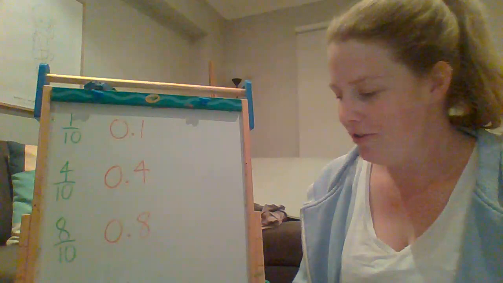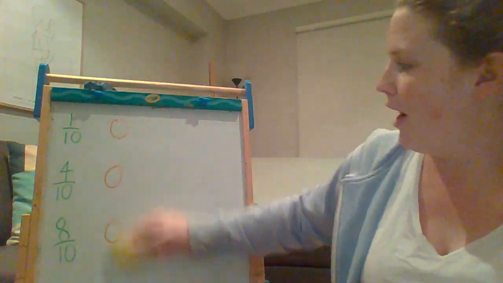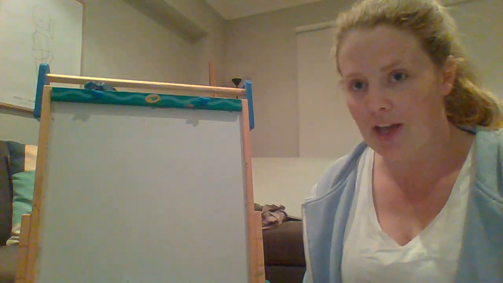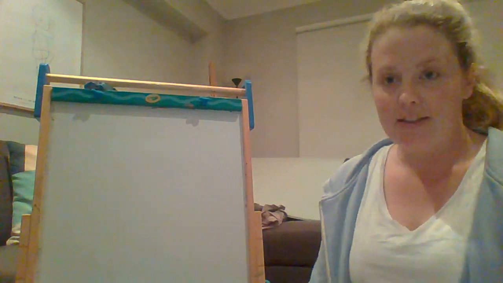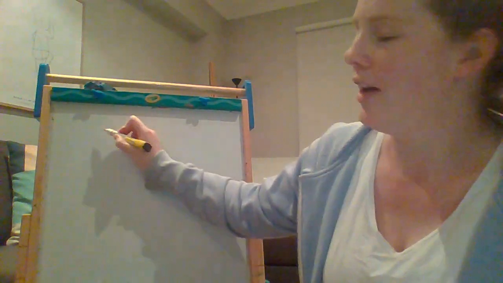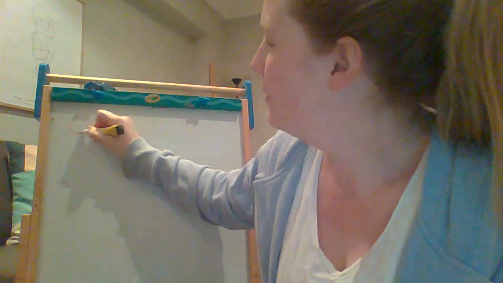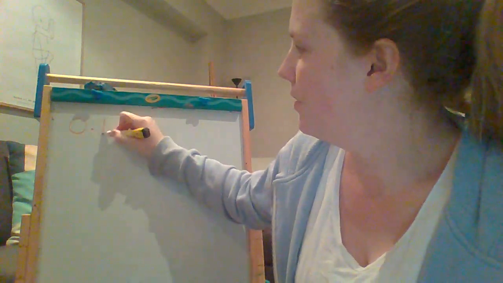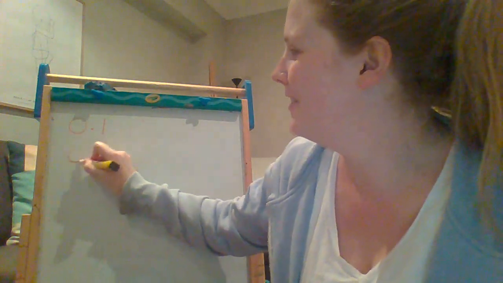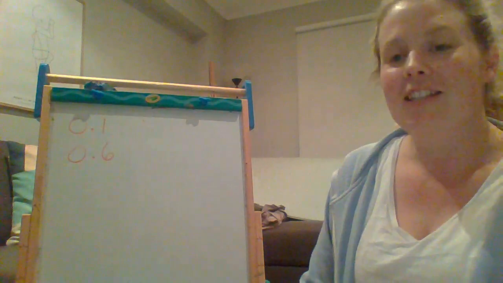I'm going to write decimals for you, and I'd like you to yell them out at the screen as I write them. So I'm writing decimals, and you've just got to tell me how many tenths they are. Are you ready? One-tenth, very good. 6/10.